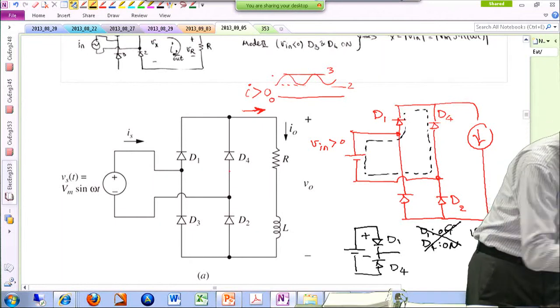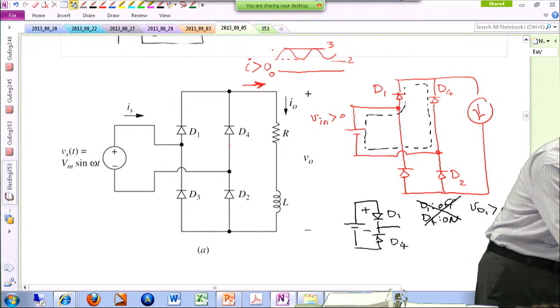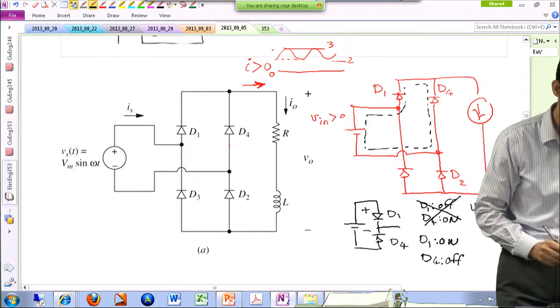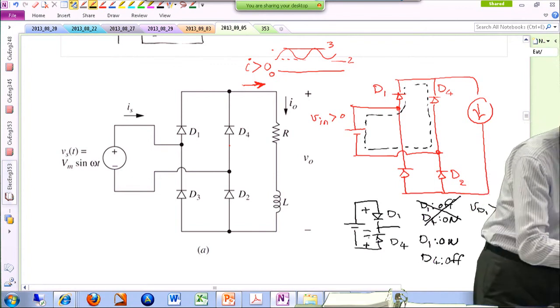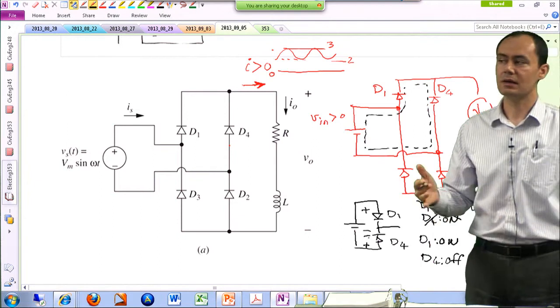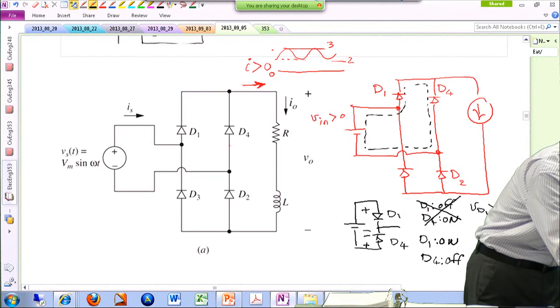So the other assumption that I can make is, what if D1 is on and D4 is off? Okay, so now if I look at VD4, which is this voltage, as it turns out, VD4 is the opposite of the input voltage, so it's negative Vin.